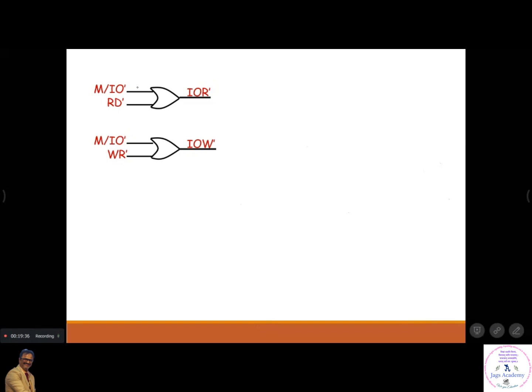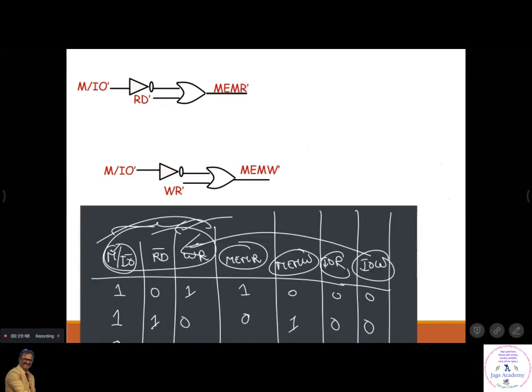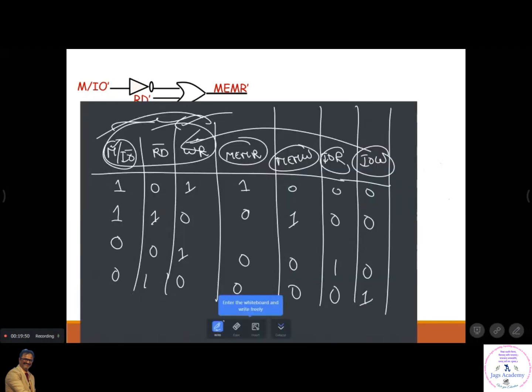IO operation. This is 0, this is 0, it will generate. A simple gate can give you that circuit. See, this also. So how do you get this? Just from whatever I have explained to you here, get an expression for this in terms of these 3, that's all. Right? Okay.